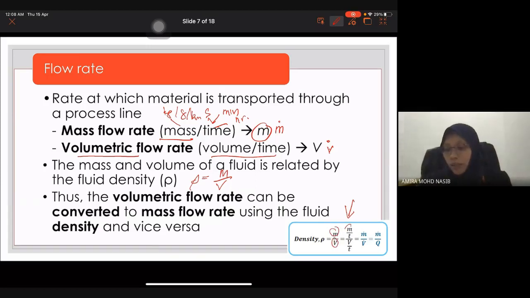So this one is mass flow rate, and this one is volume flow rate. So you can use the density with the volumetric flow rate and also mass flow rate. The correlation is just the same because you can cancel out the time.